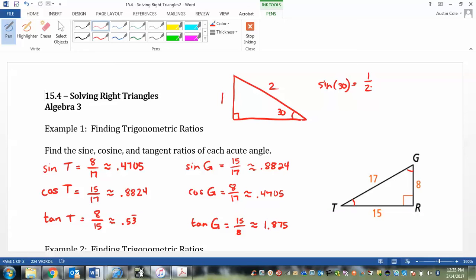You could do tangent of 57. 1.539. Tangent 57 has that value. Okay? We get the idea. Those values are programmed into our calculator. No matter how big the triangle is, if we have a 30-degree angle, the sine will always be 1/2.